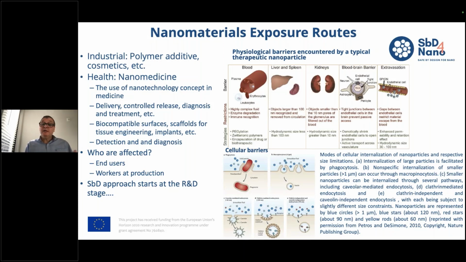For example, once they make it into the human body, they may go through many different barriers and may damage the organs. And once they make it into the cells, they can affect cellular events, resulting in different situations, including even cancer. So we need to understand how these materials behave in biological systems.